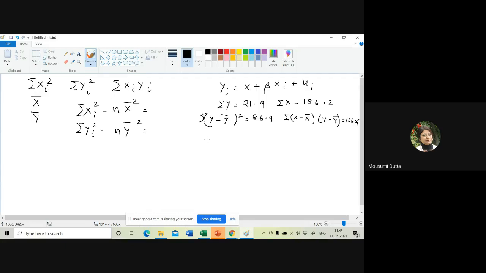Next, summation x. This is the thing. The question is: estimate alpha and beta.